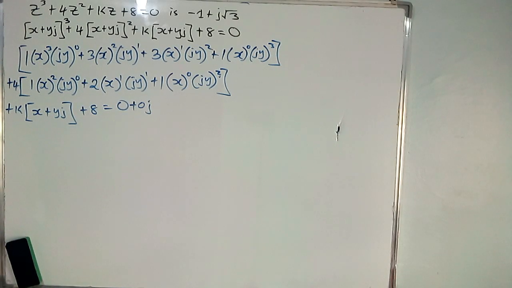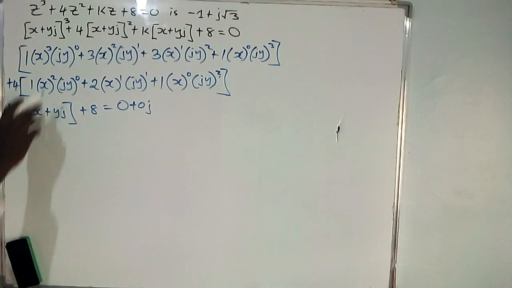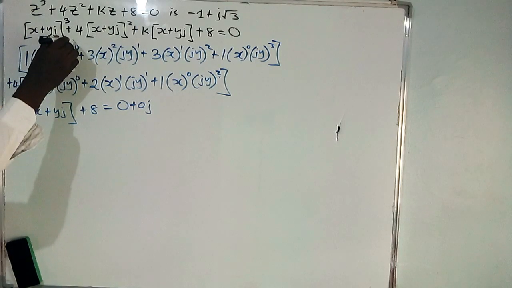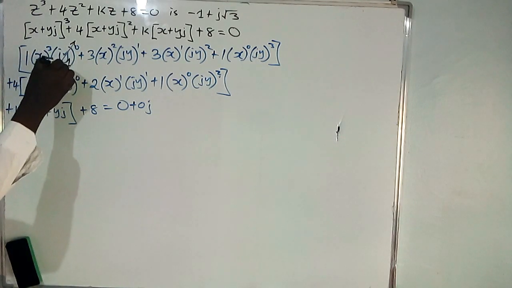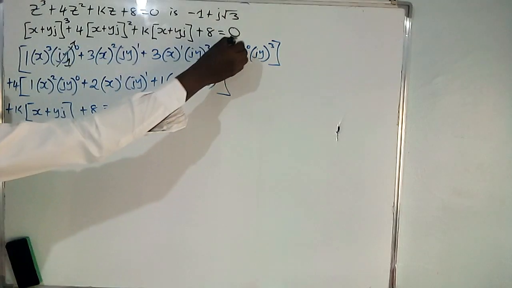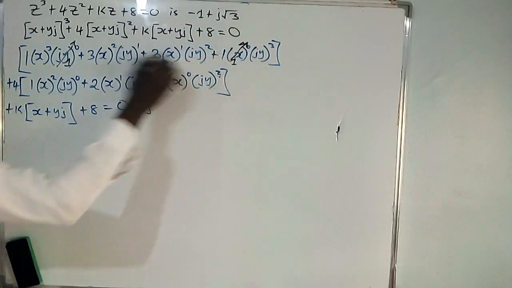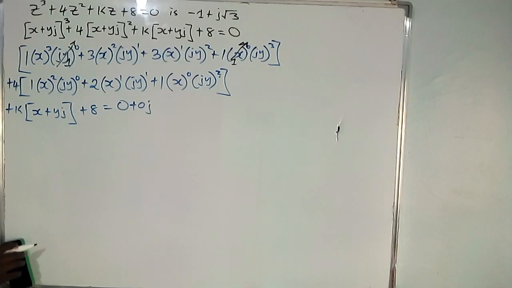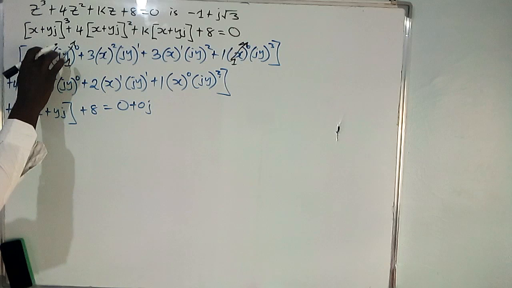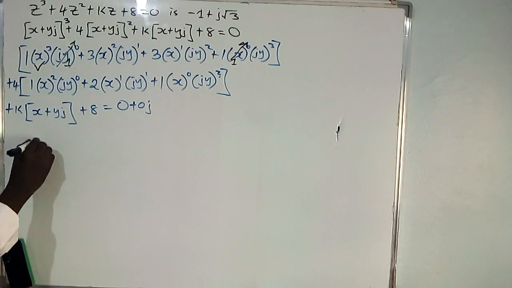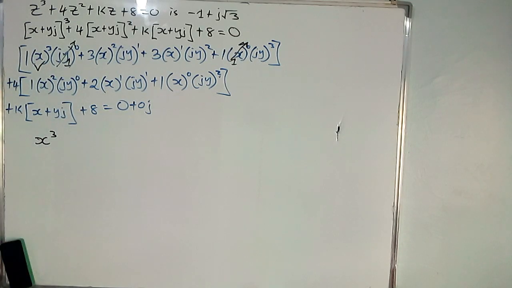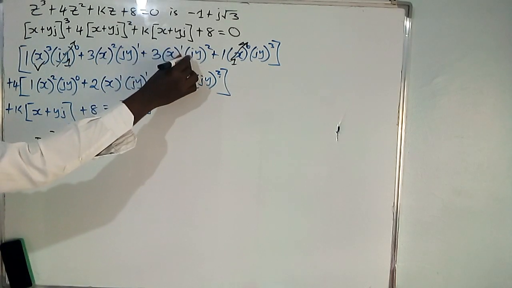So start. I have the first term here. yj raised to power 0 is 1, you dealt with that. Then x raised to power 0 is 1. Any term without j is real. So here we have x cubed, so x cubed is real. We are collecting real terms. Whatever you've collected, you cancel out so that you don't repeat. The next one without j is this j squared.